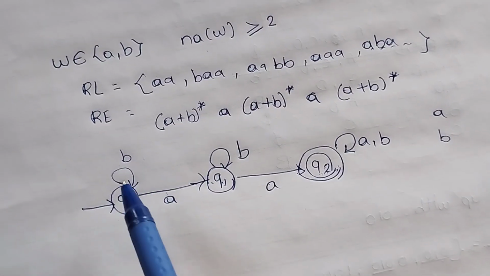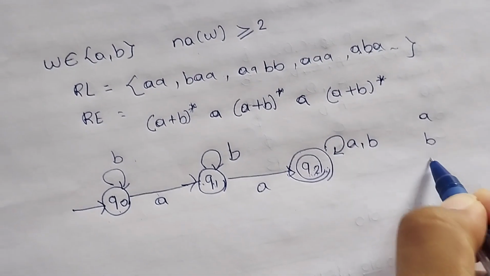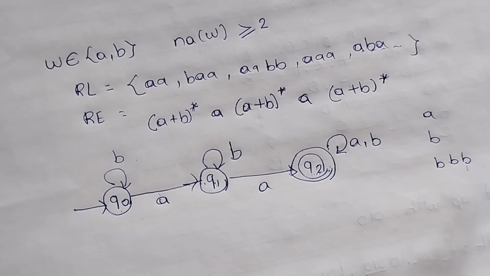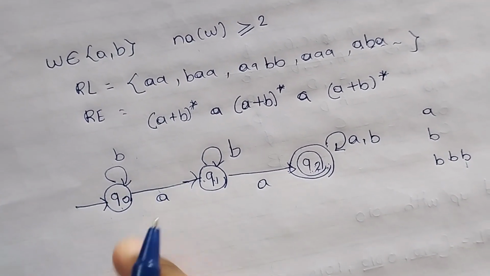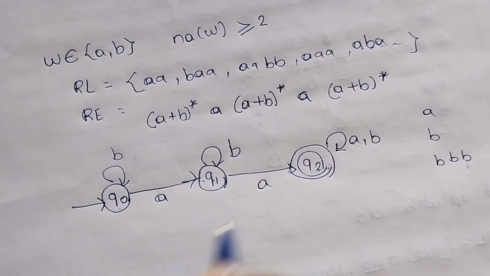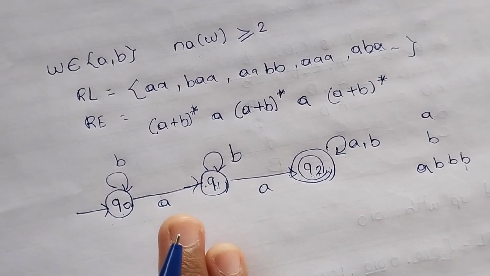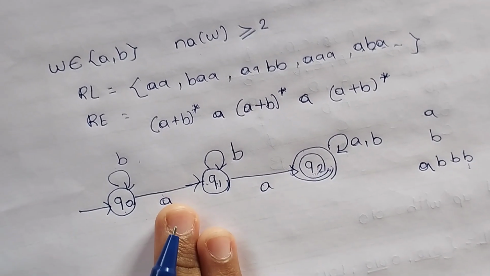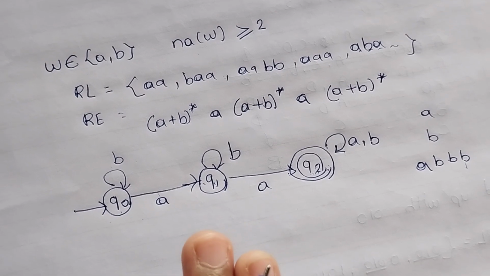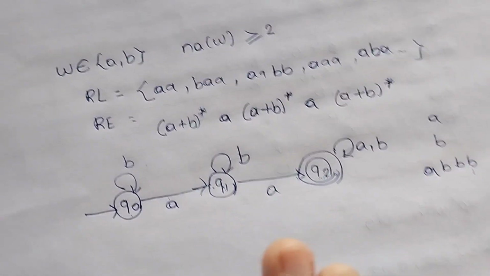First B comes, it goes to Q0 itself. If three times B comes, it is also not accepted in our DFA. And if A and B come, this is also not accepted. So when we draw the DFA, check all possible strings in the regular language which are accepted and which are not accepted. Both should be checked.